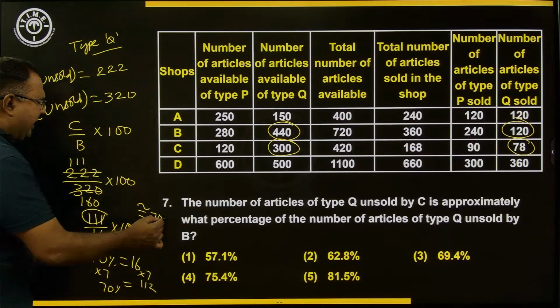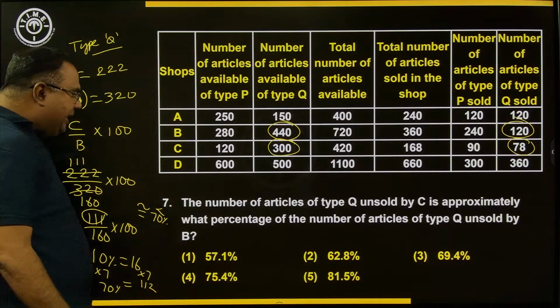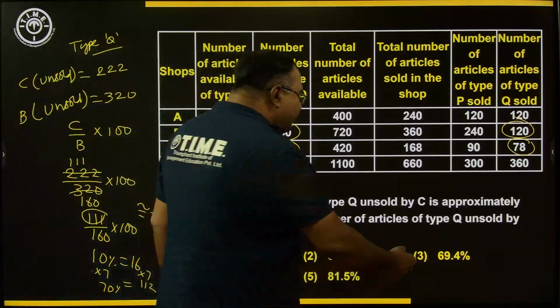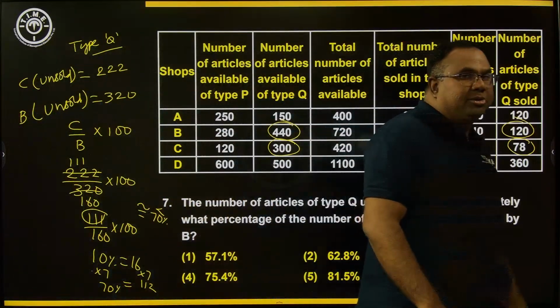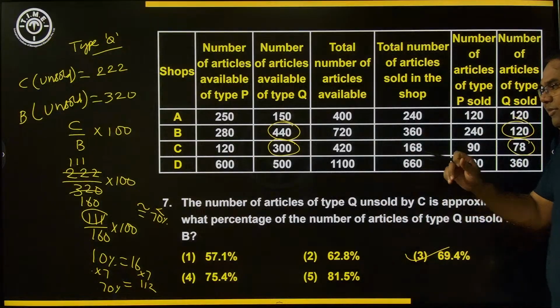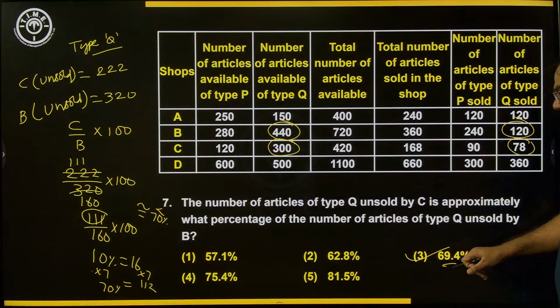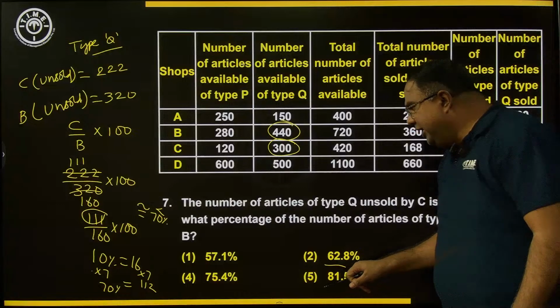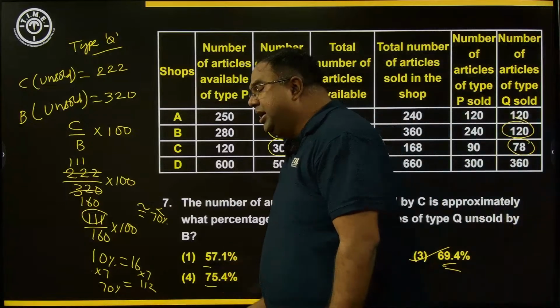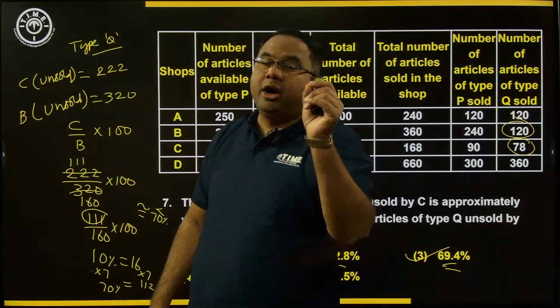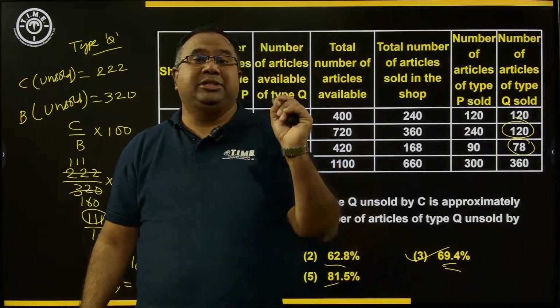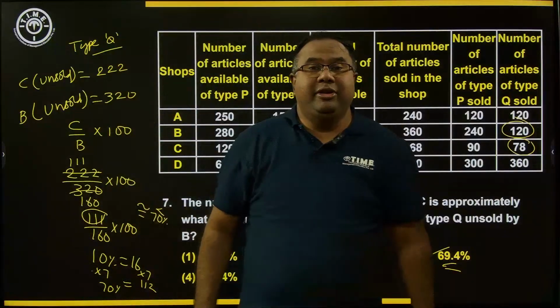In fact, slightly less than 70%. Among the options I can pick up straight away the third option. Don't get into solving more, dividing and finding out. Options 69, 62, 81, 57, 75. They're quite far away. You can always make an approximation when such a huge gap between options is there.